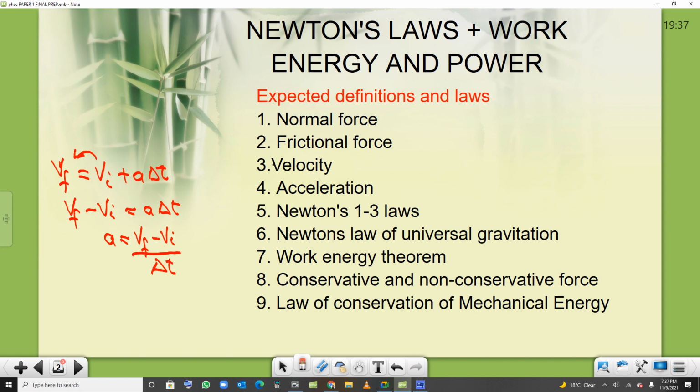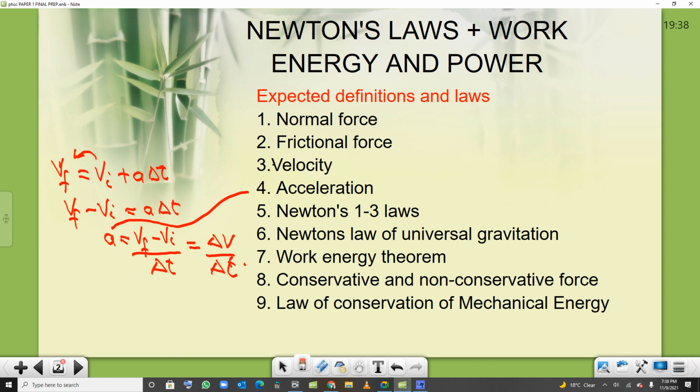At this stage, you should also know that every time delta t is a denominator, we use the word rate. So from here, I see that, oh, Vf minus Vi, what is that? That is change in what? Velocity over change in what? Time. So what is acceleration, therefore? It is the rate of change in what? Velocity. So some of these things, there is no need to cram them.